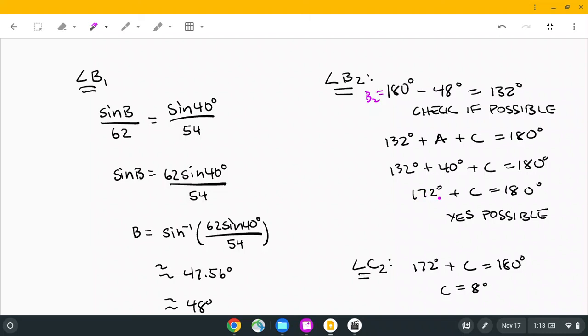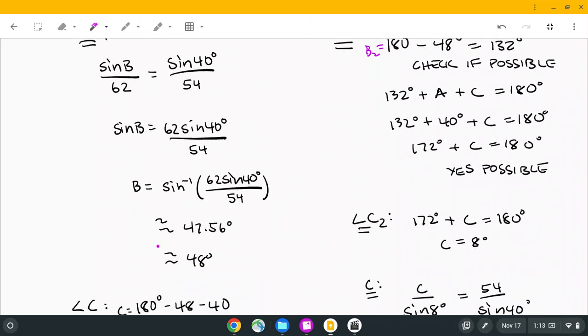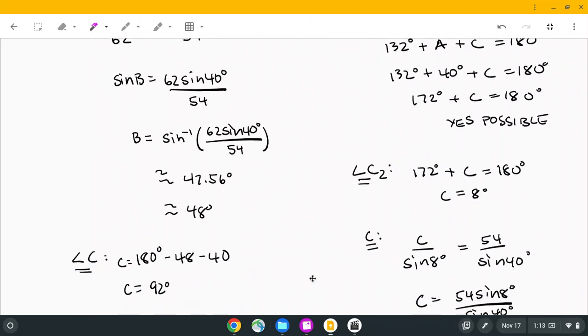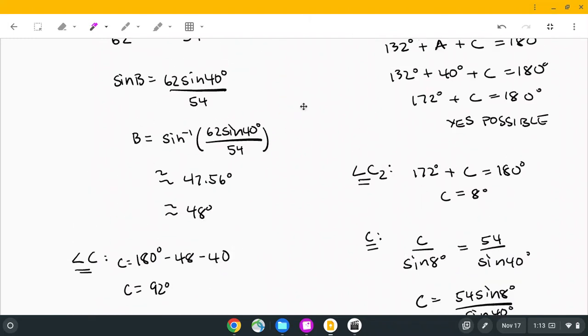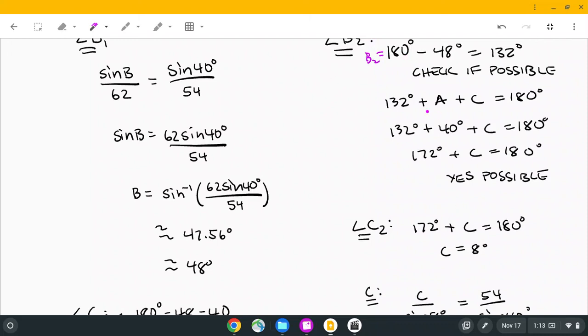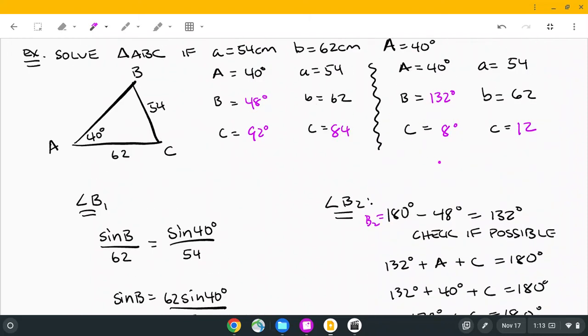Like here, 172, we don't have 180 here. There's room for that missing angle. But if we got 180 here, there's no room for that missing angle, so it wouldn't be possible. That's how you know. And then once you have that, you can get your third angle, and then get your third side. But keep track of which ones go with which triangle, okay?